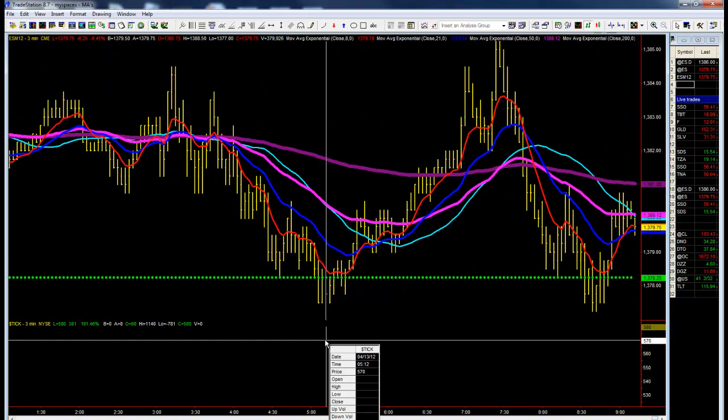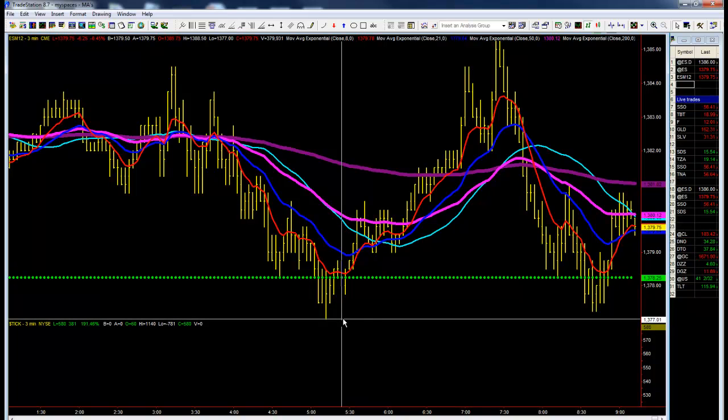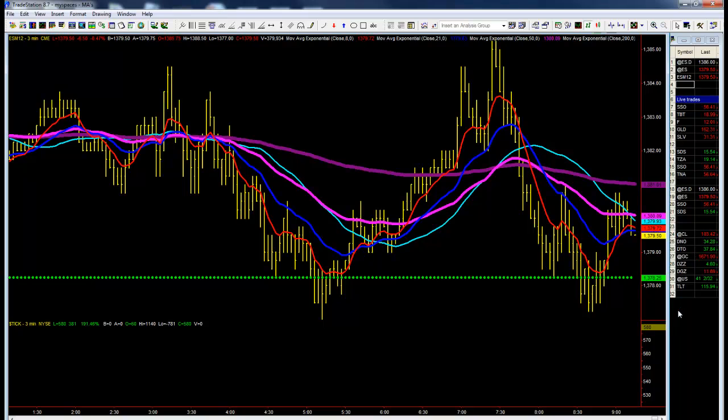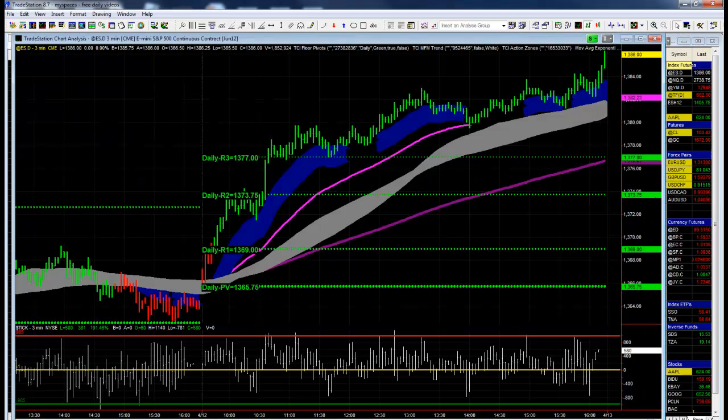The low of last night is 1377, and right now at 9:11, 19 minutes before they open, it's trading at 1379.5. So 1379.5 is right down here, but the 1386.75 did hit last night, and it went to 1388.5-ish.